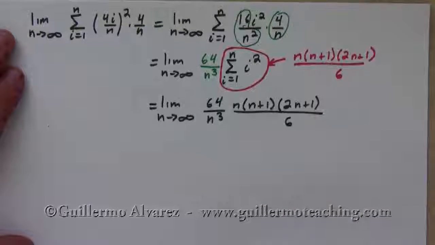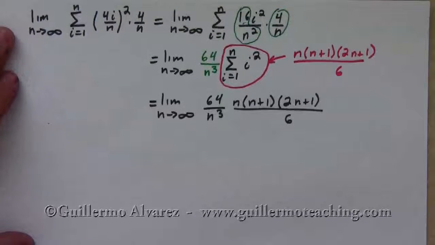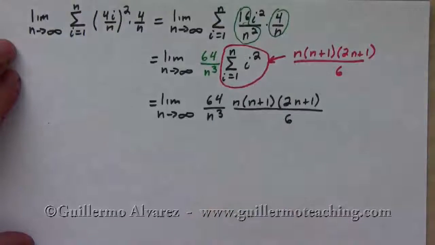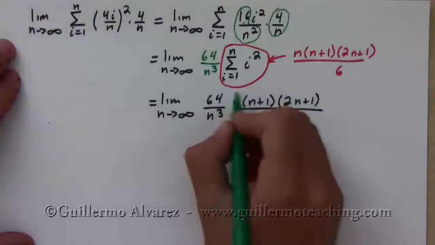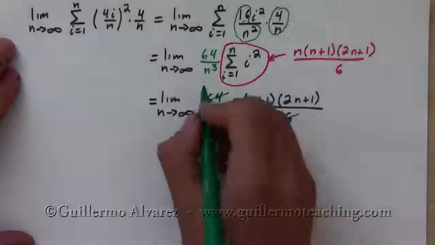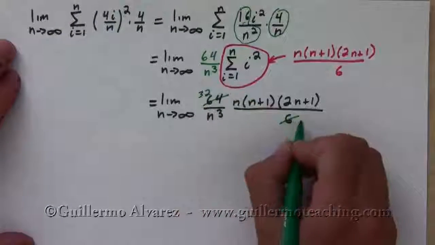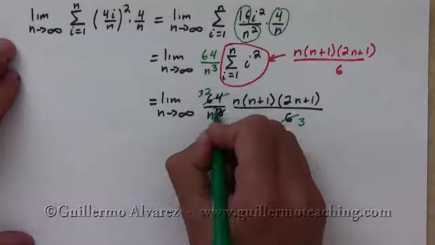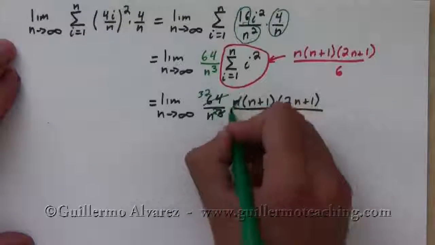And this limit exists, right? Because, well, let's do a little simplifying. Why don't we just reduce these? This is going to be 32. This reduces to 3. We can cancel one of these n's and be left with 2 with this one.